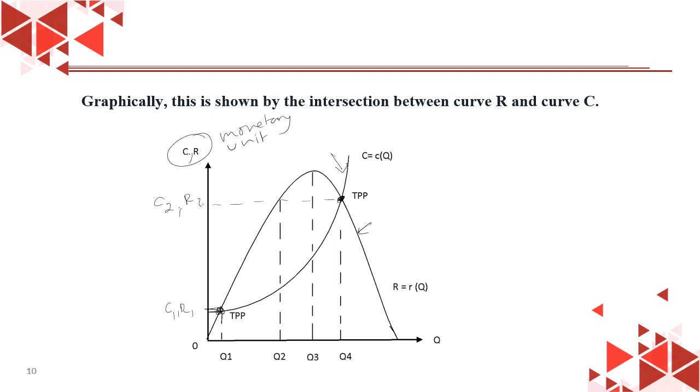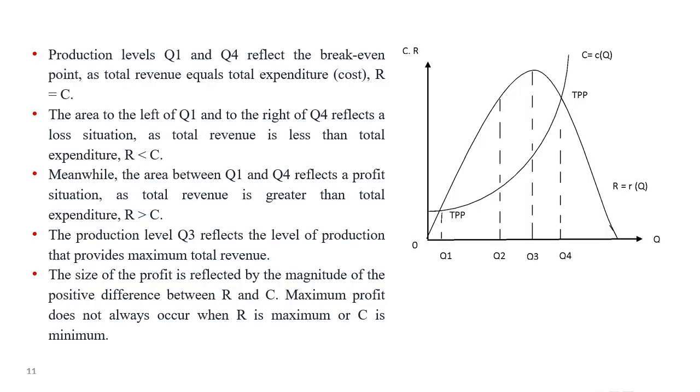Okay, Q1 and Q4. Now you see that the production levels of Q1 and Q4 reflect the break-even points, as total revenue equals total cost. And the area to the left of Q1 and to the right of Q4 reflects a loss situation.